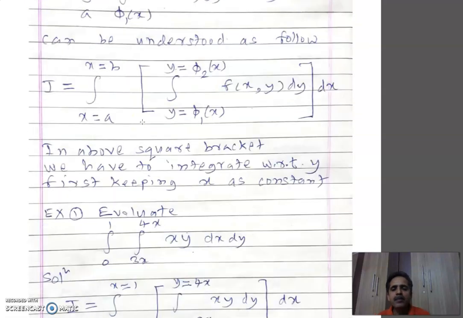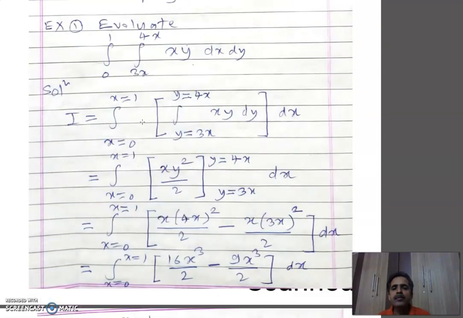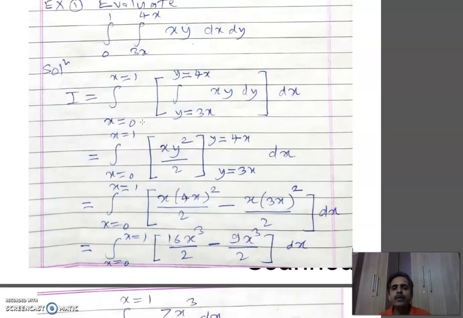Let's see an example. First example: evaluate this double integral. You can observe that here is dx dy, which means the variables are x and y, and the function is xy. We have to carry out the double integration of this xy.